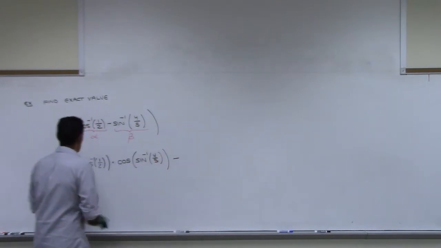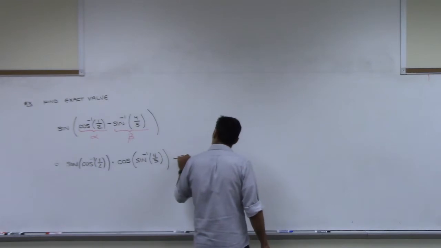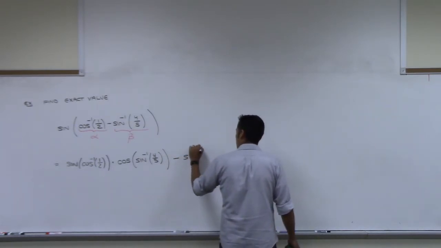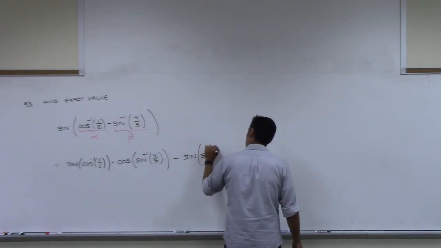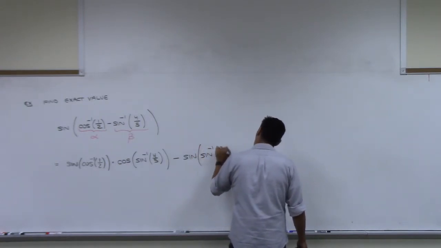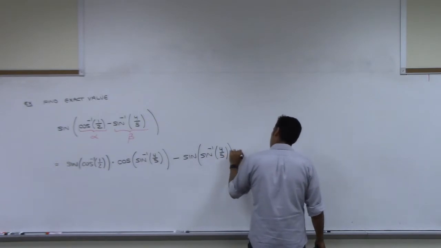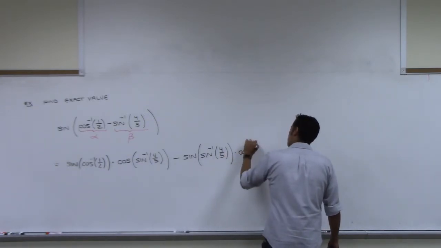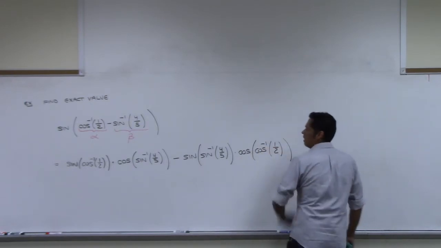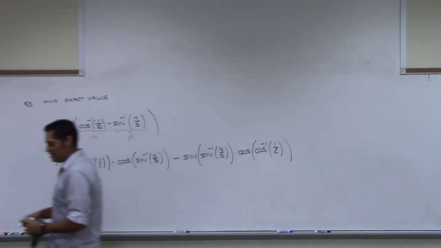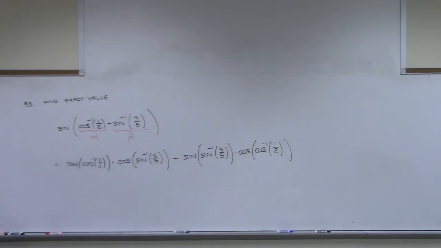So sine of beta, which is sine inverse of 4/5, then times cosine of cosine inverse of 1/2. Does that look terrible or what? But do you see how this is just sine of alpha minus beta, rewritten?